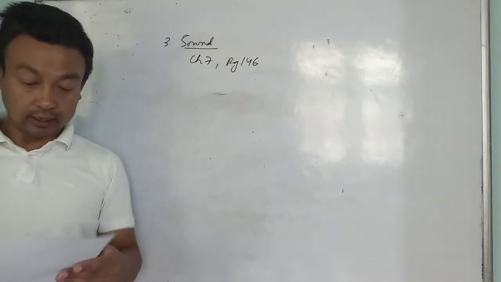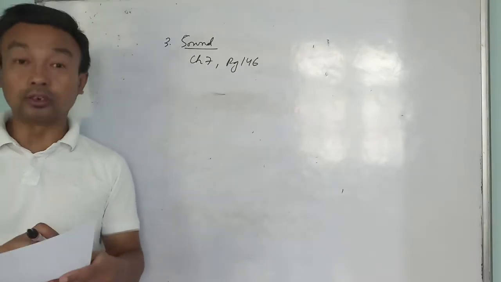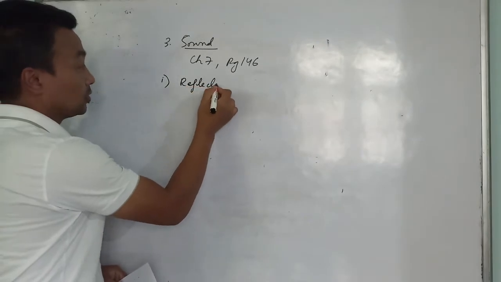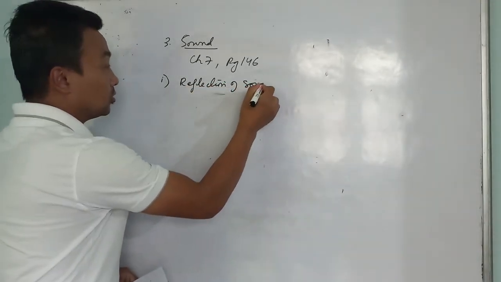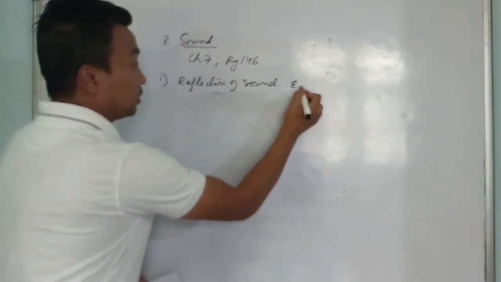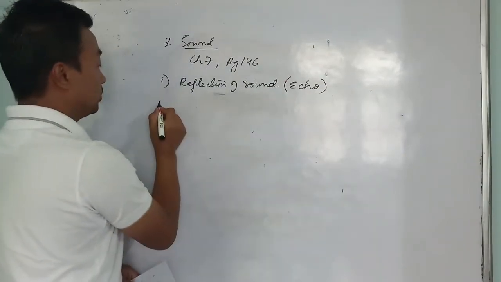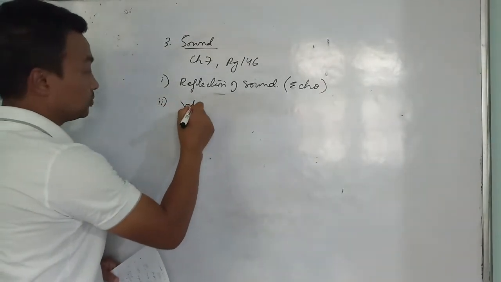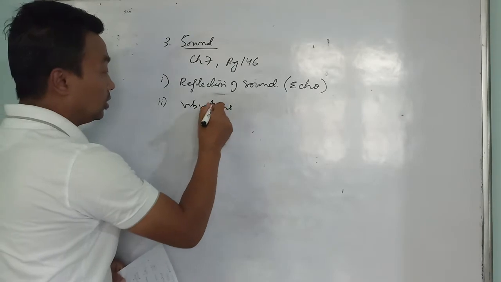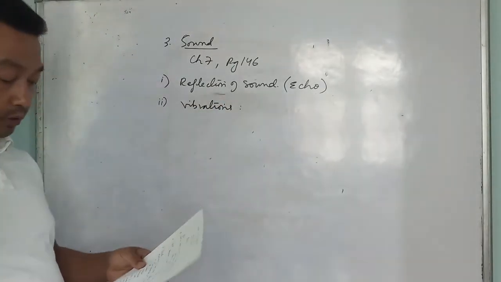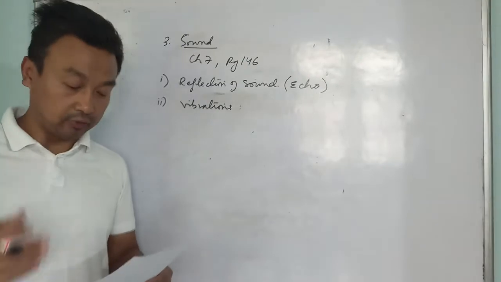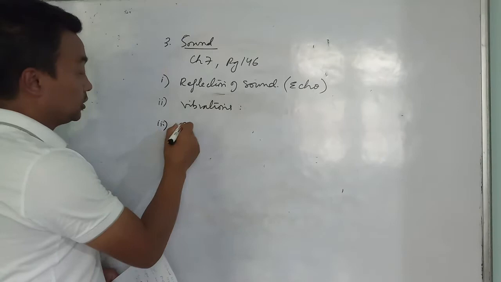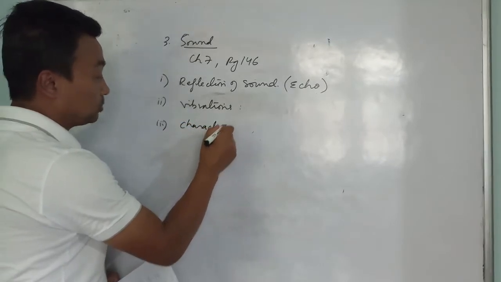The first one is the reflection of sound, which is very important and easy, and in that you have echo also. The second topic is vibrations: you have three types of vibrations that we are going to discuss, the natural vibrations, damped vibration, and forced vibration. Then in the third, you are going to study the characteristics of sound.